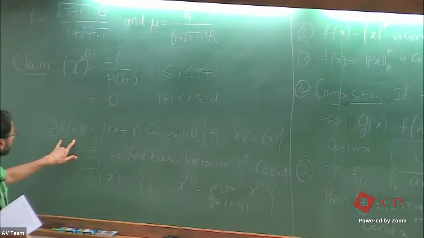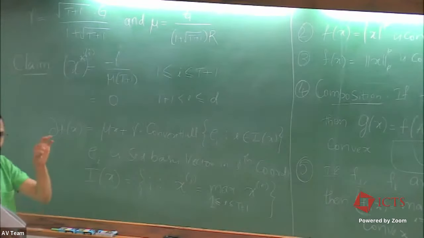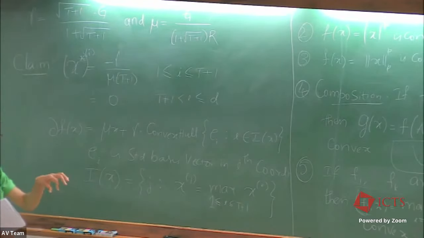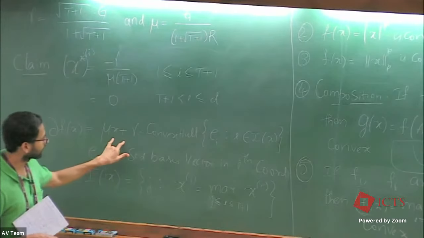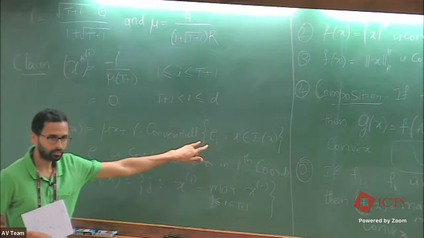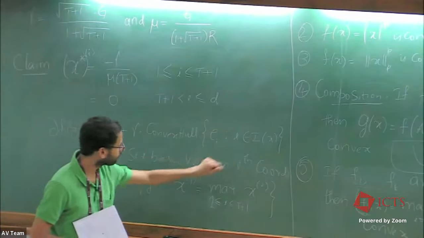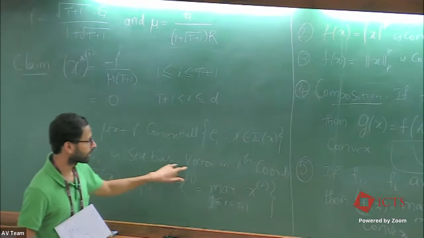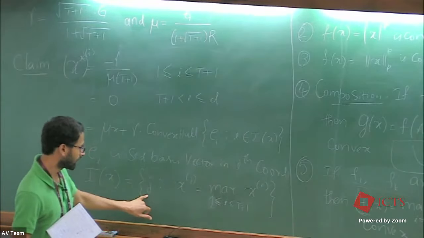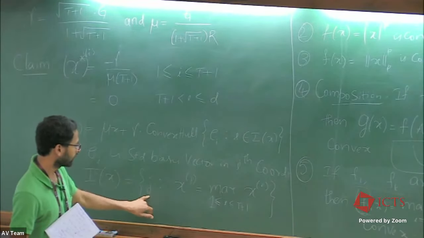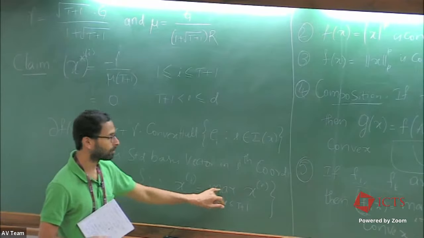So the subgradient of f at any point x, as we said, could be a set. It need not be a single vector. It will be a single vector if the function is differentiable. If the function is not differentiable, it can actually be a set. It's given by mu x plus gamma times the convex hull of all the ei, where i is in I of x. So ei is the standard basis vector in the ith coordinate, and I of x is the set of all coordinates j for which xj achieves the maximum value of xi.